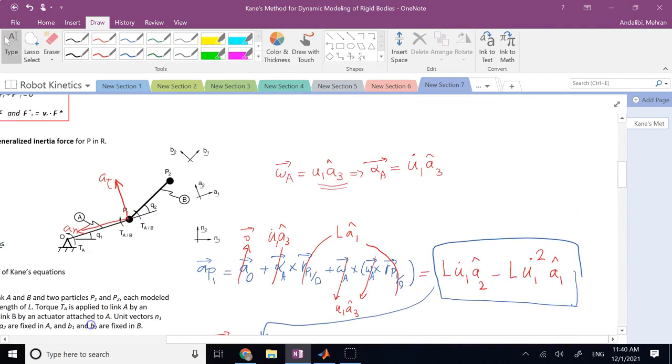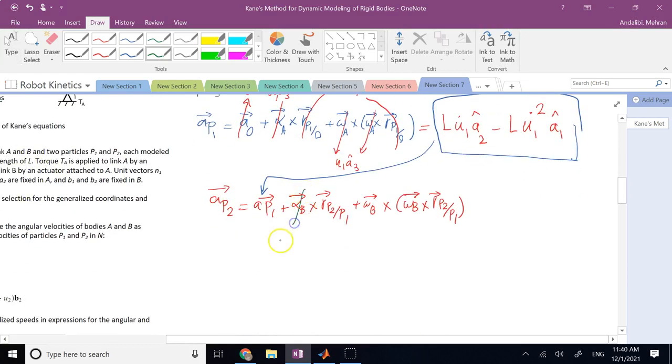Alpha of member B, remember omega of member B was what? Was U1 plus U2 in the B3 direction. So alpha of member B, again, since B3 is always perpendicular to the board outward, has magnitude 1, has no time derivative, so it's going to be simply U1 dot plus U2 dot in the direction of B3.